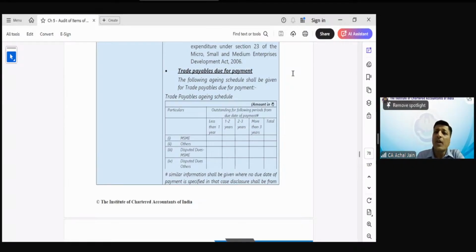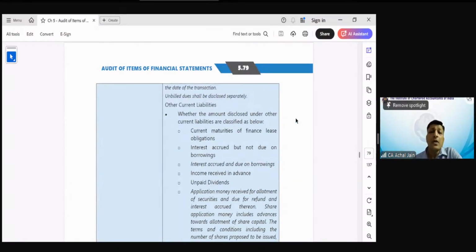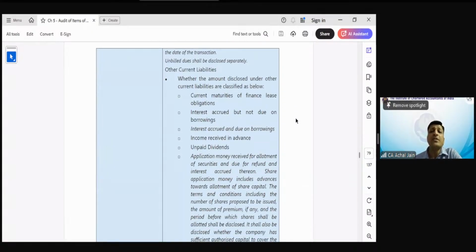If you look at the aging, it talks about MSME, others, disputed MSMEs, disputed dues in respect of others, and in terms of their aging, what are less than 1 year, what are due for more than 1 year, less than 2 years, 2 to 3 years, more than 3 years. So this is an aging bucket, and this is the standardized version, which needs to be filled and disclosed in the financial statements.